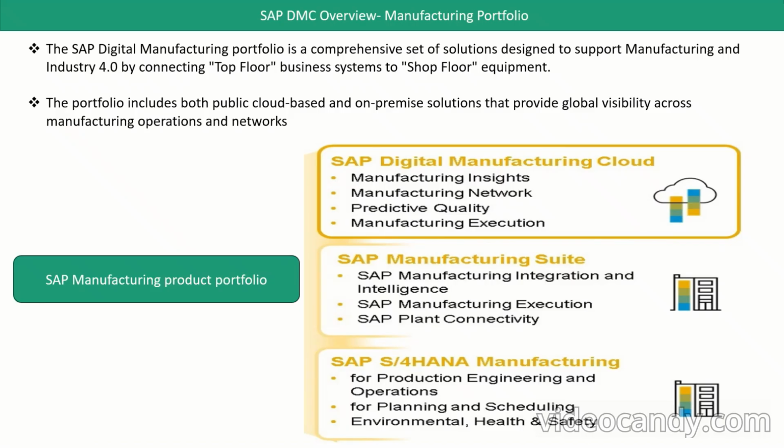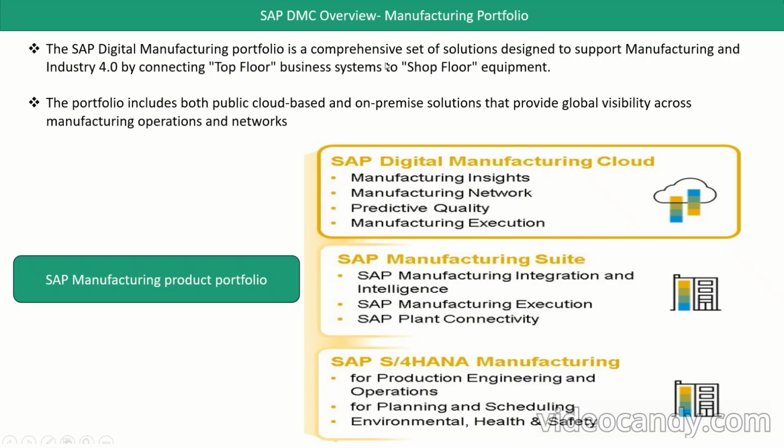Moving to the next topic, manufacturing portfolio from SAP. Before learning SAP Digital Manufacturing on Cloud, known as SAP DM, we should know what other products from SAP do almost the same thing as a manufacturing execution system.